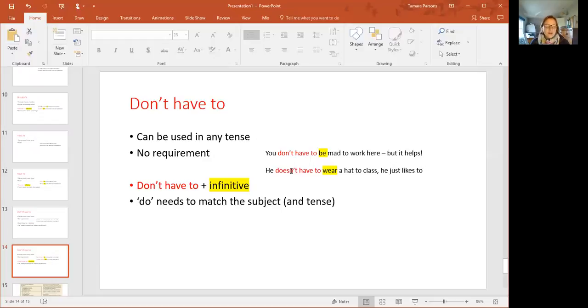So we can talk about things in the past. He didn't have to wear a hat to class. He doesn't have to wear a hat to class. Okay, so we can use it for the present and the past and the future. If you want to use must in the past, then we use have to.